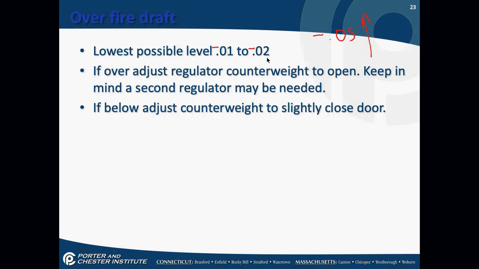And then we might have to add a second regulator. If we only have a negative 0.01, or maybe not even that, if we go down further than that, I want to adjust that counterweight to slightly close the door, because this reduces the air being pulled into the chimney and increases the draft over the fire.